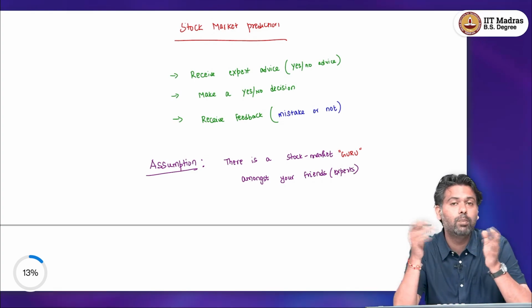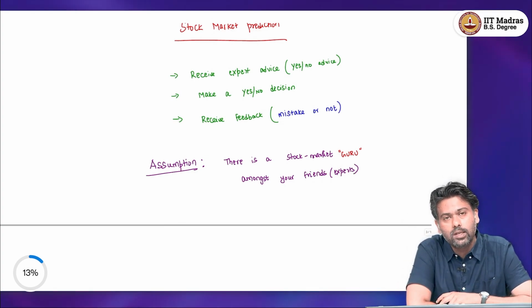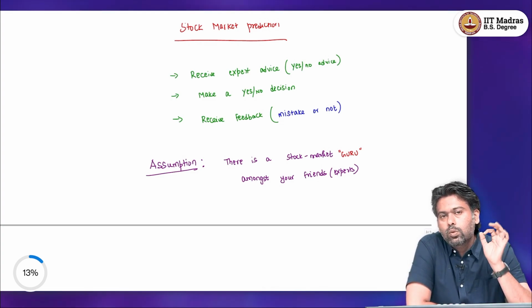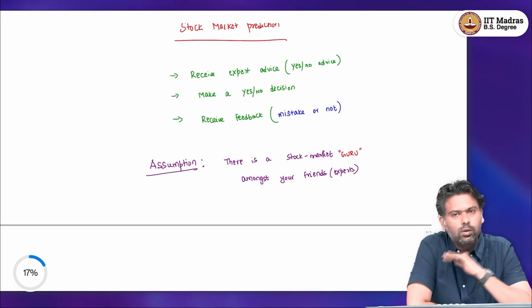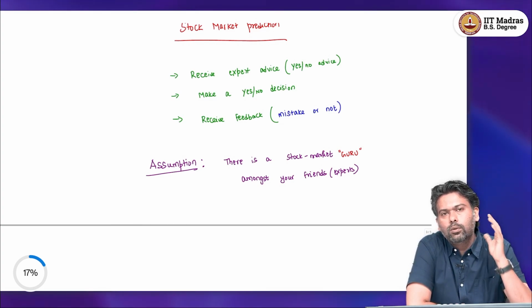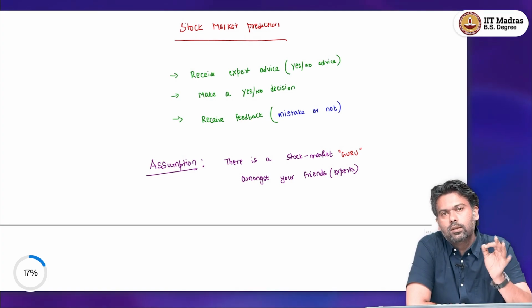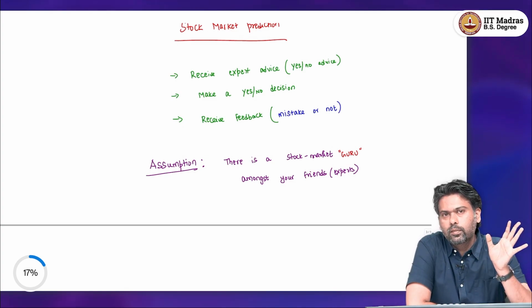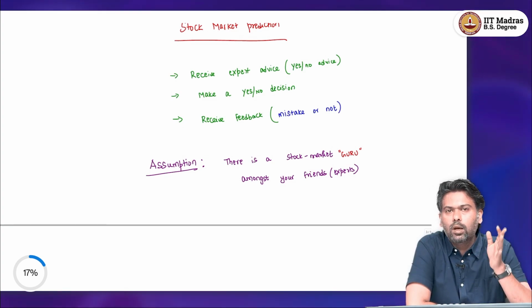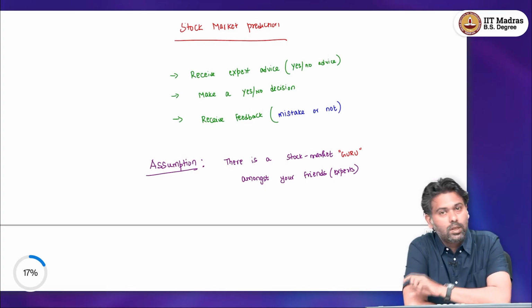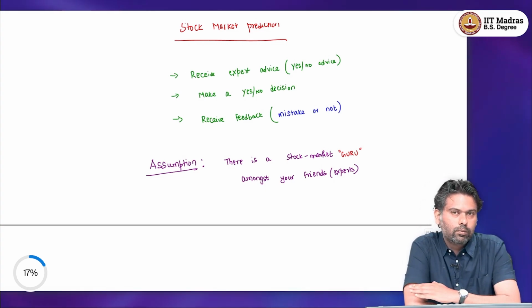So you have 100 people whom you are asking for advice, and what I'm saying is that there is one of these 100 people who is a guru, a stock market guru, right? So what do I mean by a stock market guru? I mean the following: this person knows whether the stock will go up or down on any day. What does that mean? At 9 o'clock in the morning, that stock market guru will know whether the stock at 5 p.m. in the evening will go up or go down.